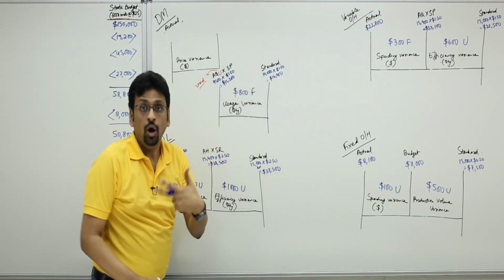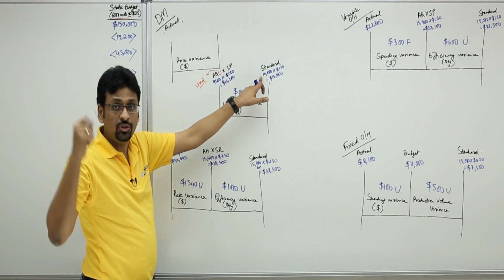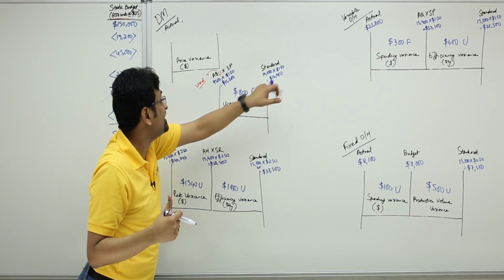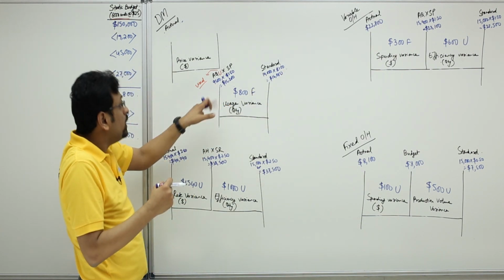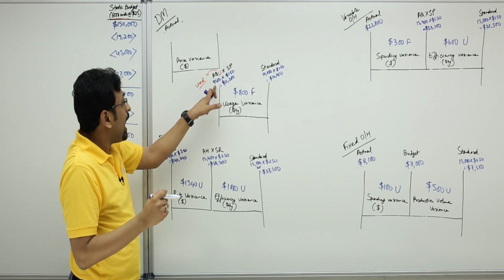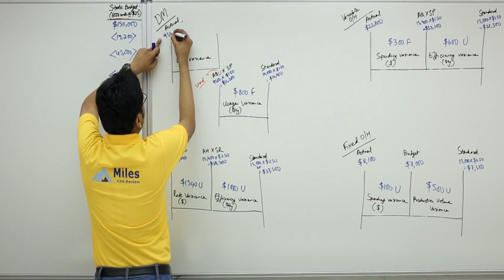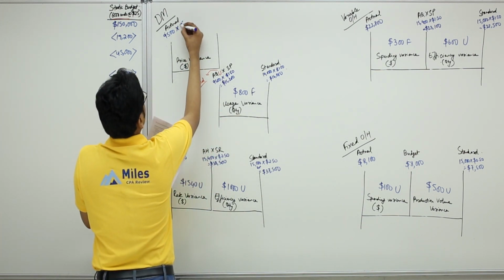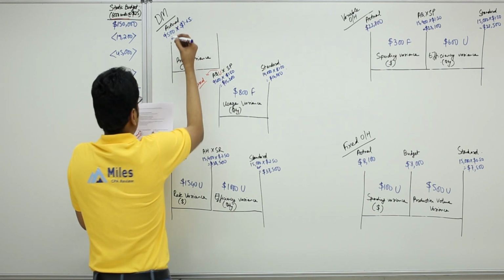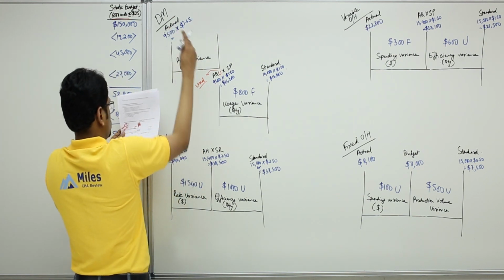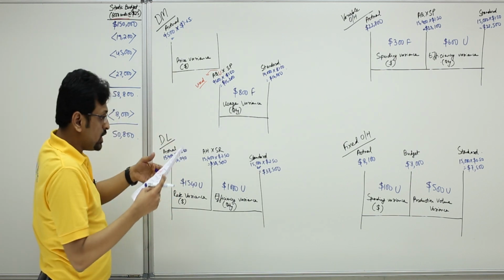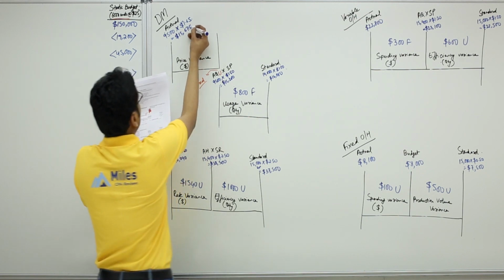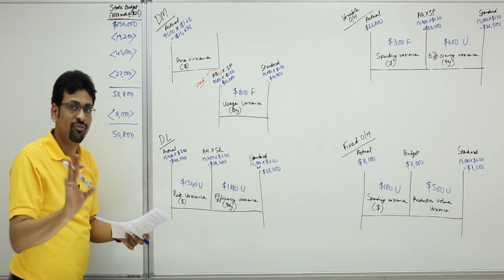So the standard for 5,000 units of finished product was 10,000 pounds of direct materials at $1.60. But they only used 9,500 pounds. And these 9,500 pounds were bought for $1.65. So the actual cost for all the direct materials used in production was $15,675.